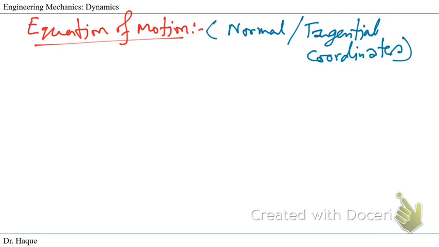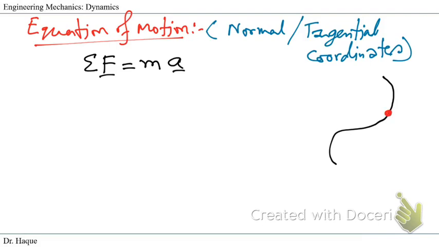Newton's law of motion: the summation of force equals mass times acceleration, which is a vector, and force will also be a vector. So for example, if a particle is moving in a curved path and it has a center of curvature, right? It will have a normal and tangential component.